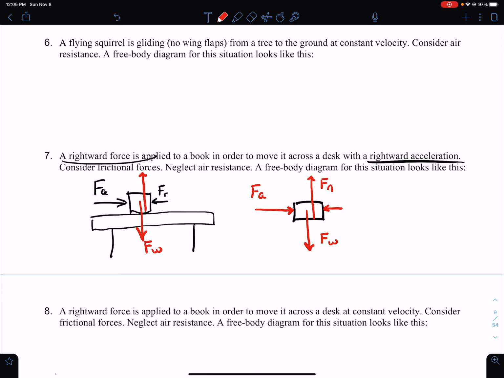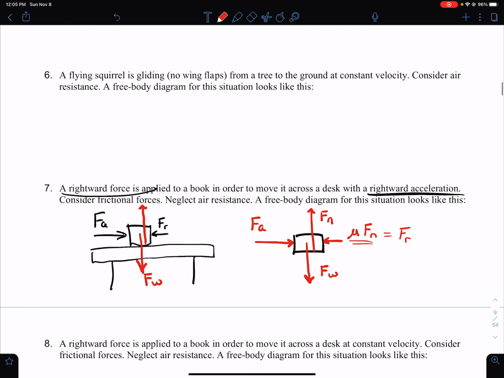Now, since we know that the two surfaces are in contact, there's going to be a certain level of grippiness with it. So I'm going to put down mu, that's the coefficient of friction, times the support force, the normal force, because in order for those two surfaces to be in contact, it has to have the support force. So this is the friction. When we're talking about this right here, this is the frictional force, the resistance acting on it.